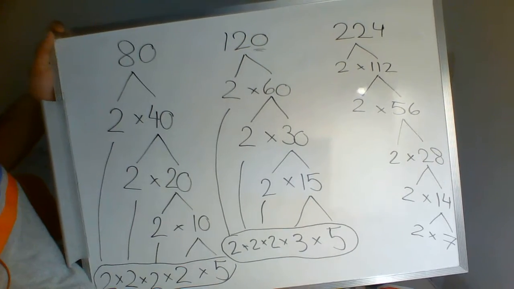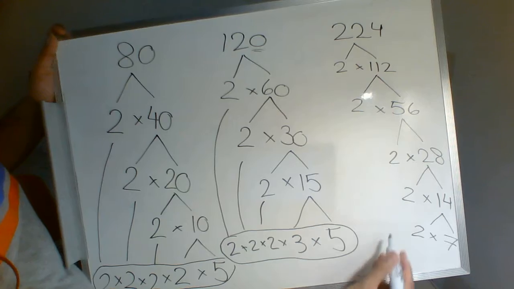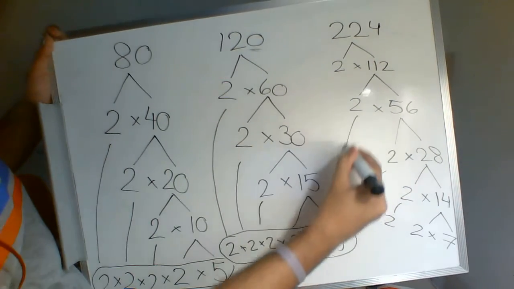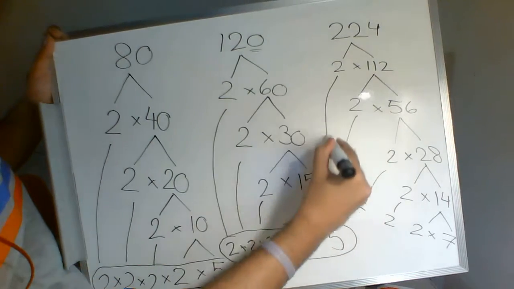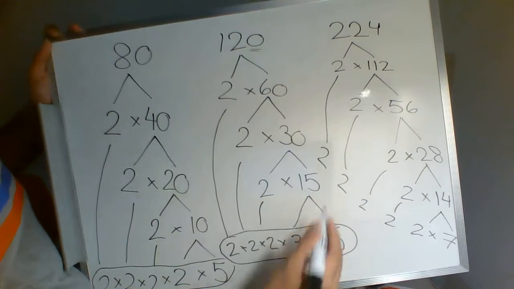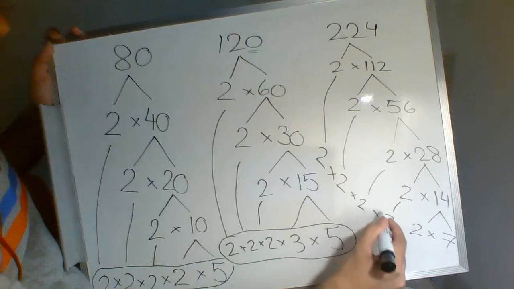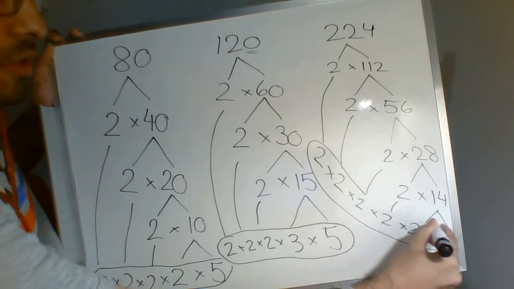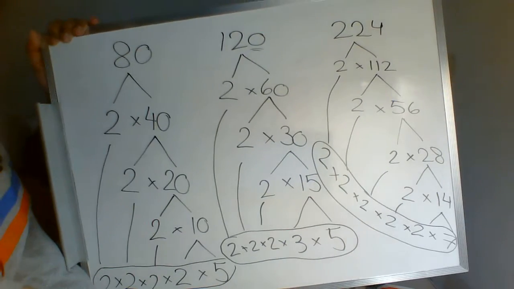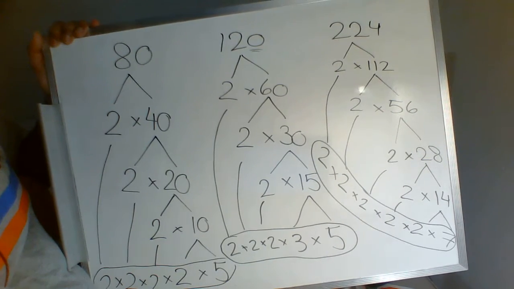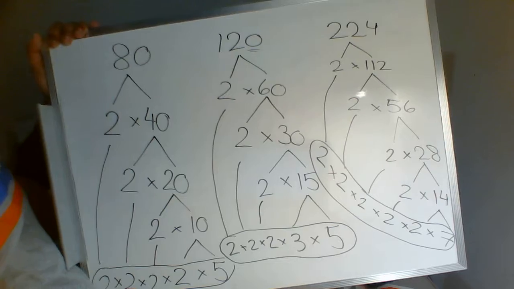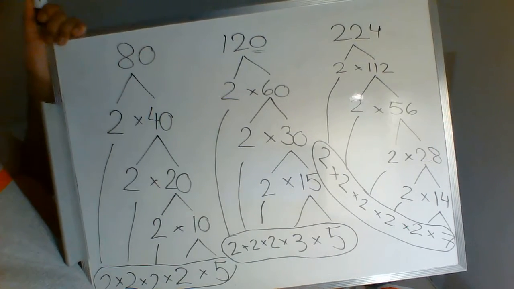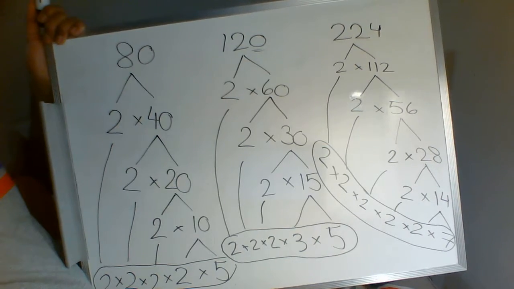So I'm sort of crammed in here, but I'll see if I can throw these in sort of like diagonally, like so. Alright, and so multiplying all those together would give us the prime factors for 224. That's 2 times 2 times 2 times 2 times 2 times 7. So that's the collection of prime factors that we've got.